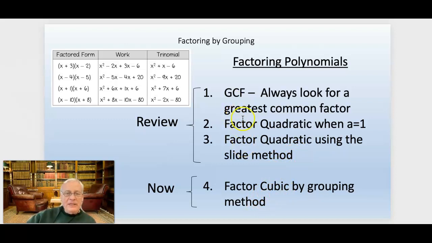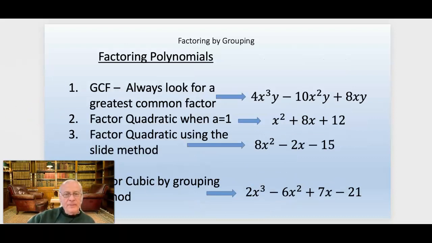Numbers 2 and 3 here, we factored quadratics. Number 4 now, we're going to factor cubics, x to the third. We're going to use cubics to learn about grouping.